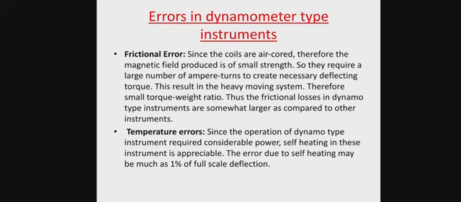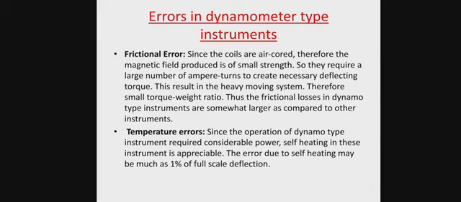Then what are the errors in a dynamometer? The first error is frictional error. Since the coils are air-cored, the magnetic field produced is of small strength, so they require a large number of ampere turns to create the necessary deflecting torque.